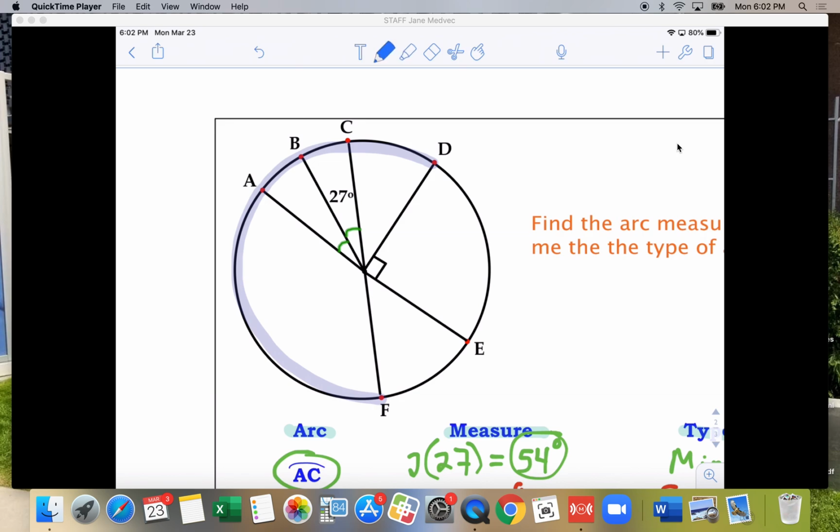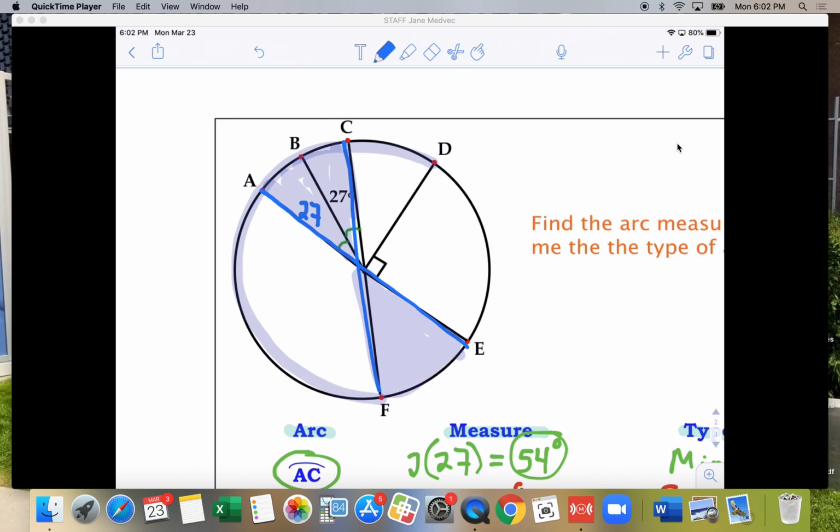I knew that that was 27, and I know that this is 27. If this and this hug this angle right here, then this piece right here is a vertical angle.